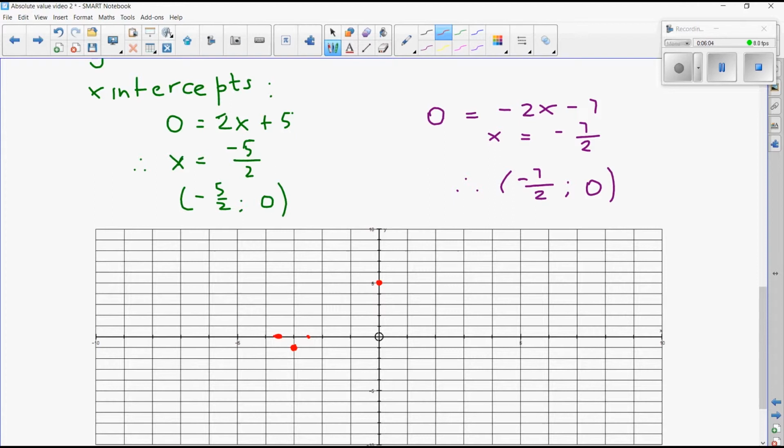So I have actually 4 points to draw the graph. Remember, our axis of symmetry is passing through x equals negative 3. I'm just writing down the coordinates of the salient point. And now I'm going to draw the arms of the graph.